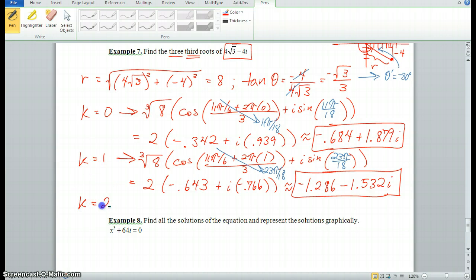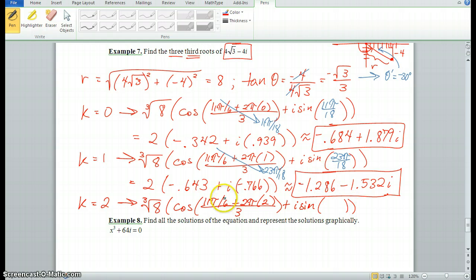So we'll finalize our solution here with k equals 2 by taking the cube root of 8 times the quantity cosine of 11 pi over 6 plus 2 pi times 2, that's all over 3, plus i times the sine of the same thing.